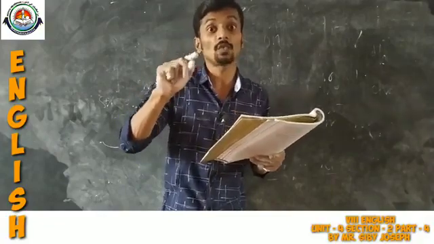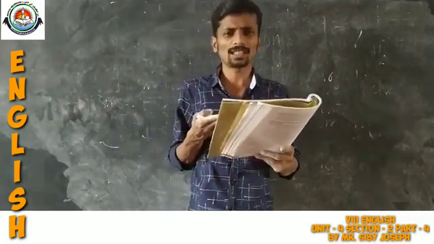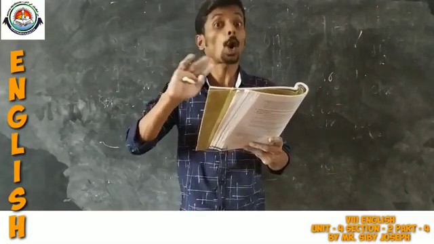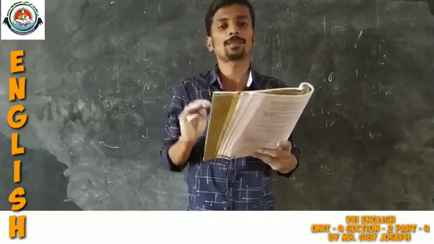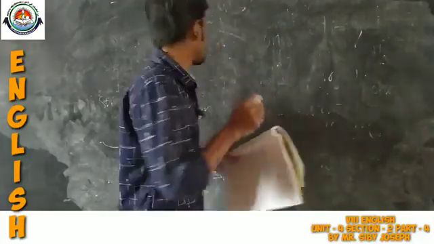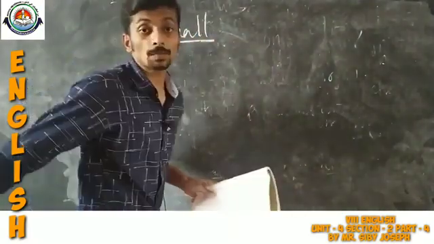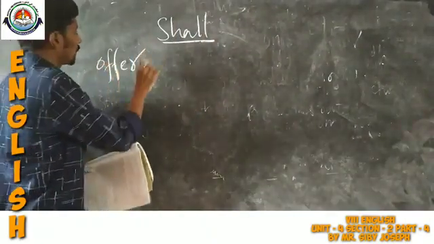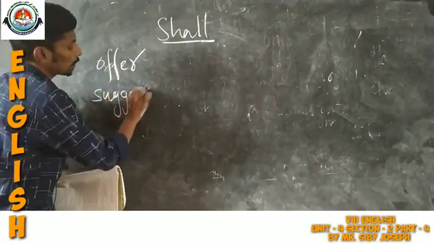But shall is used when we are drafting questions. Look at the thing which is given here. However, we use shall, not will, in the questions shall I and shall we, especially for offers and suggestions. Okay, so listen, shall is used when we are speaking about an offer or a suggestion.